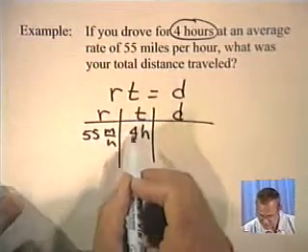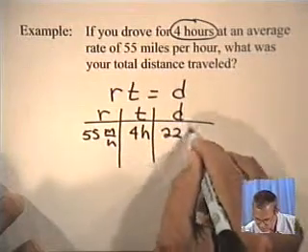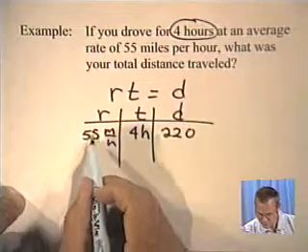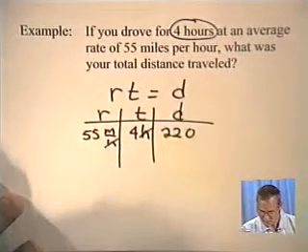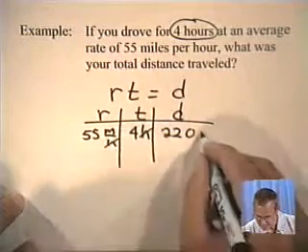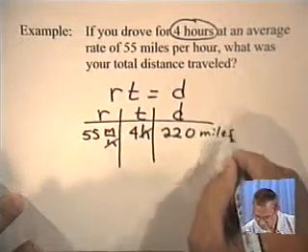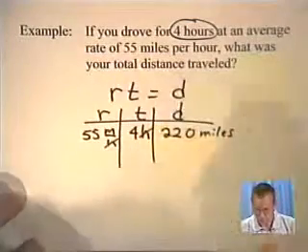So 55 times 4 is 220. And notice when I multiply straight across, my hour component is going to cancel, and I'm left with 55 times 4 miles. So this is the standard equation that we're going to use throughout these word problems.